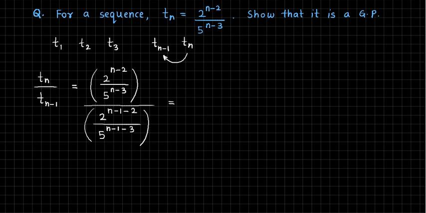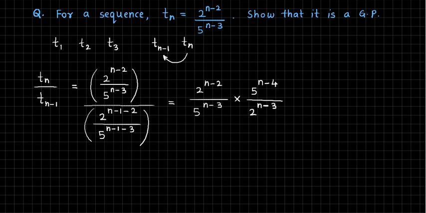Right? So moving further, this gives us 2 raised to n minus 2 upon 5 raised to n minus 3, and the expression which is in the denominator, we will flip it, so the denominator will go to the numerator. That is, it will become 5 raised to n minus 4, because n minus 1 minus 3 is n minus 4, and in the denominator we have 2 raised to n minus 3.